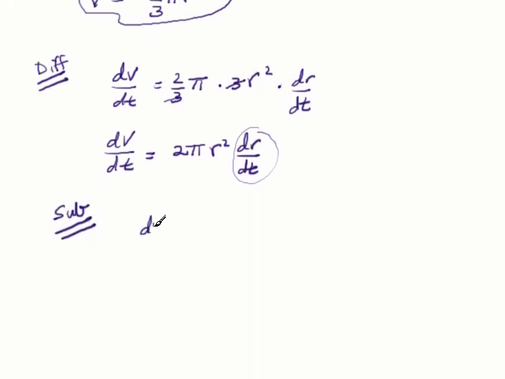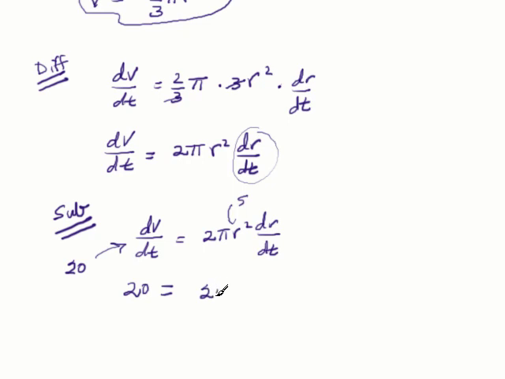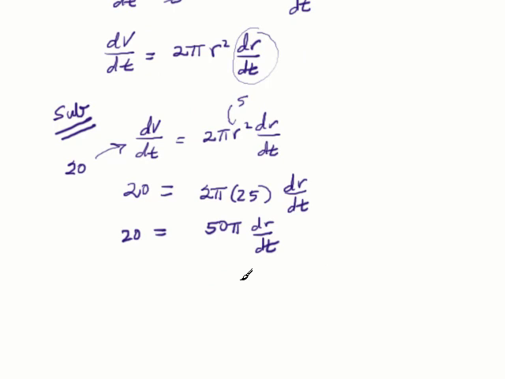Okay, so let me just rewrite this. So that's 20, and r is equal to 5. So let's substitute that in. 20 is equal to 2 pi r squared, that's 5 squared, dr/dt. 20 is equal to 50 pi dr/dt, and we get dr/dt when r is equal to 5.